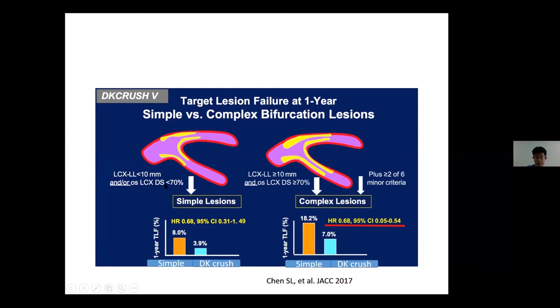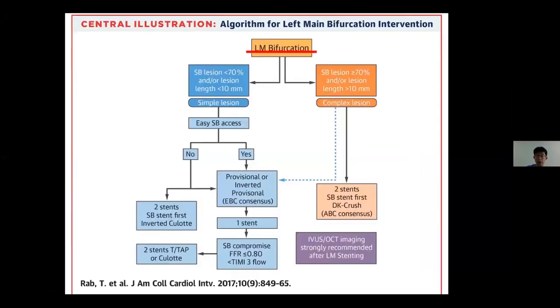However, in simple bifurcation lesions, there's no difference between single stent with KBT and DK crush. However, LMT bifurcation is a unique bifurcation lesion. If the side branch lesion has more than 70% stenosis and the lesion length is more than 10 millimeter, it means a complex bifurcation lesion. In such a situation, the two stent technique is recommended, and the DK crush technique is recommended.